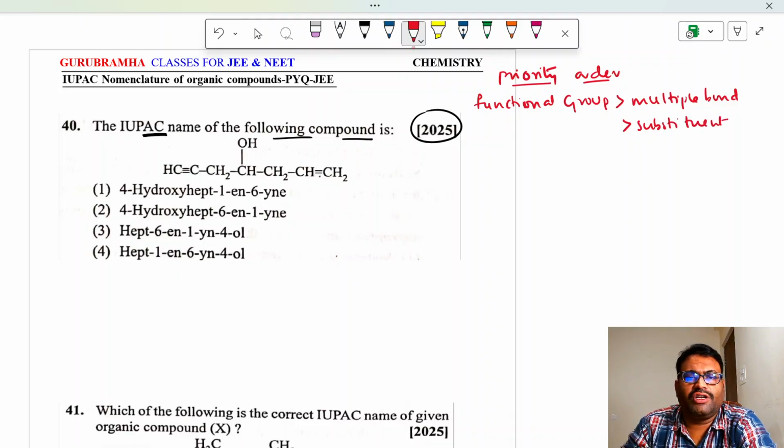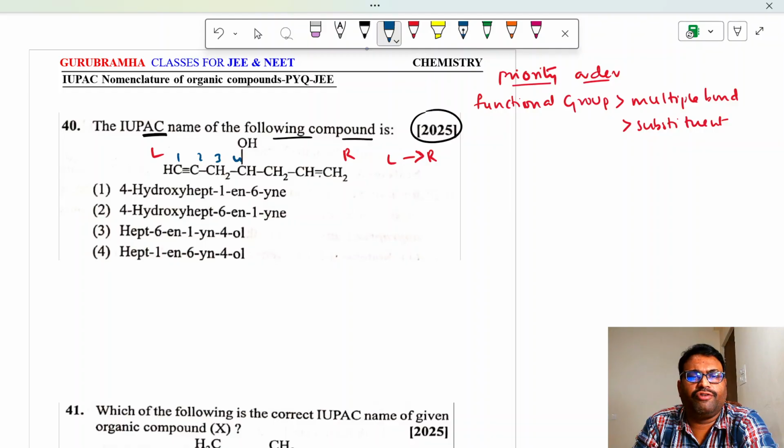Okay. So now when you number from left to right, this is left, this is right, what number do you get for hydroxy? 1, 2, 3, 4, 5, 6, 7.